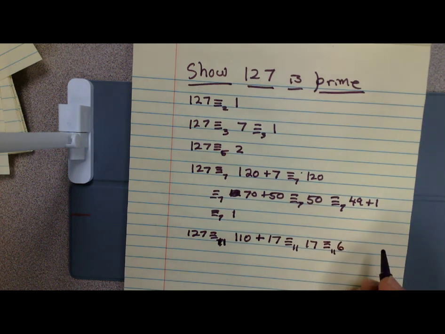That's 6 mod 11, which isn't 0. So 127 isn't divisible by any of the primes which are less than or equal to 11. Therefore, it's a prime number. And we didn't really do any dividing.